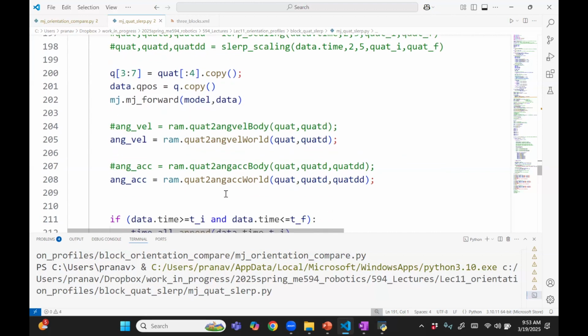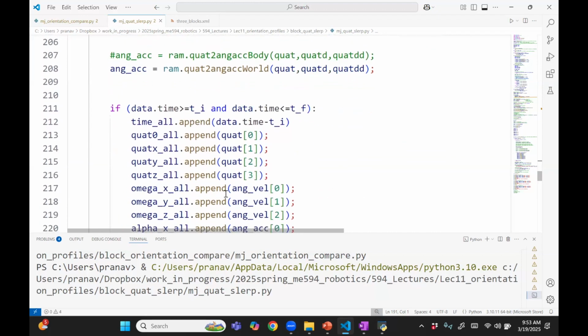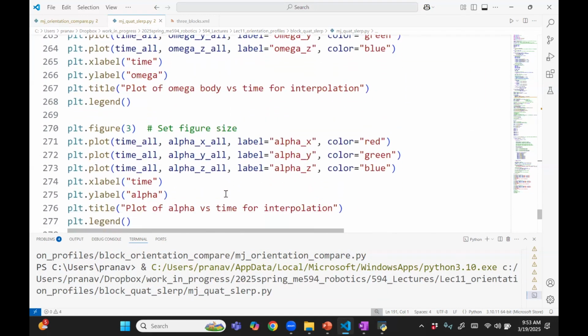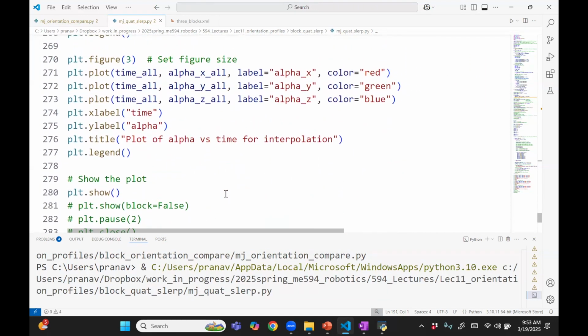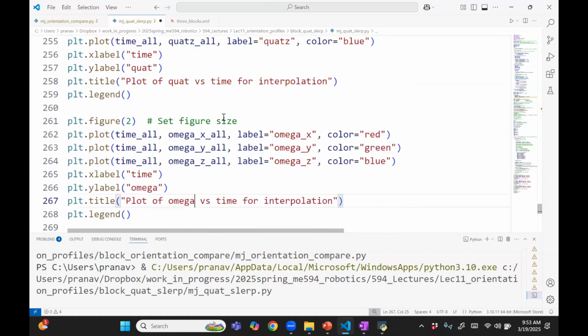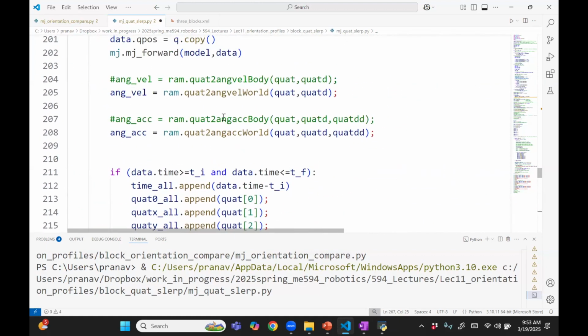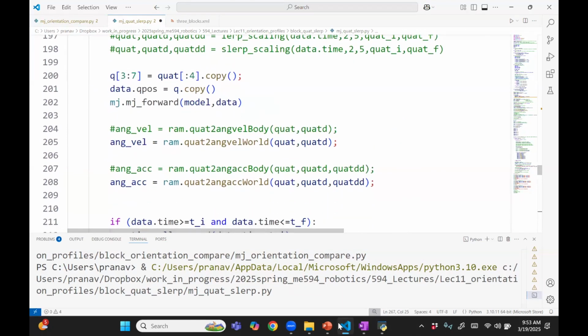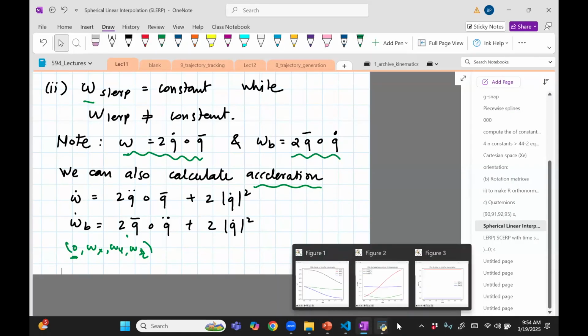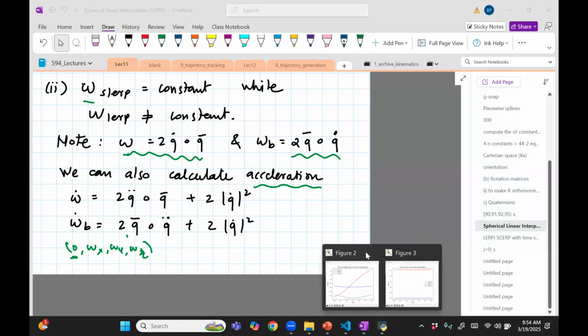Acceleration too. Once you get that, you can store it, which is stored here, and then the plotting is here. So I should change that name because this name is not really body. You could do any angular velocity because now you have these functions which will do it. So these functions basically take care of these formulas. It just does that once and for all, and that way you don't have to worry about that.